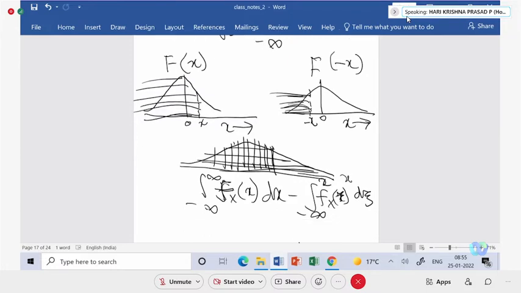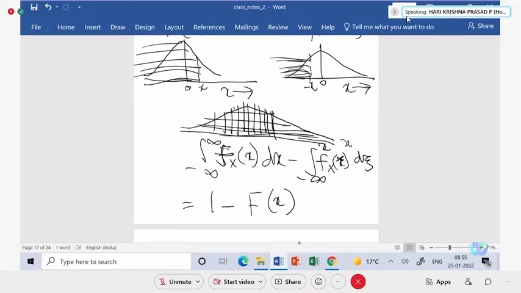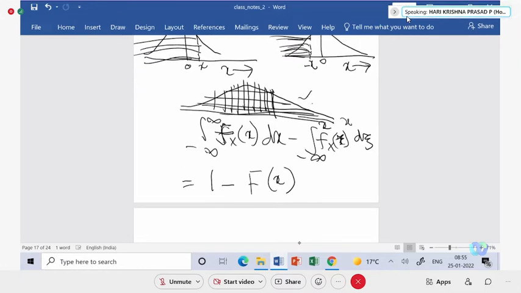What is the total area under the density function? 1. What is the area up to small x? It is f of x. What is this difference? When I subtract, it is the area under the density function from x to infinity.